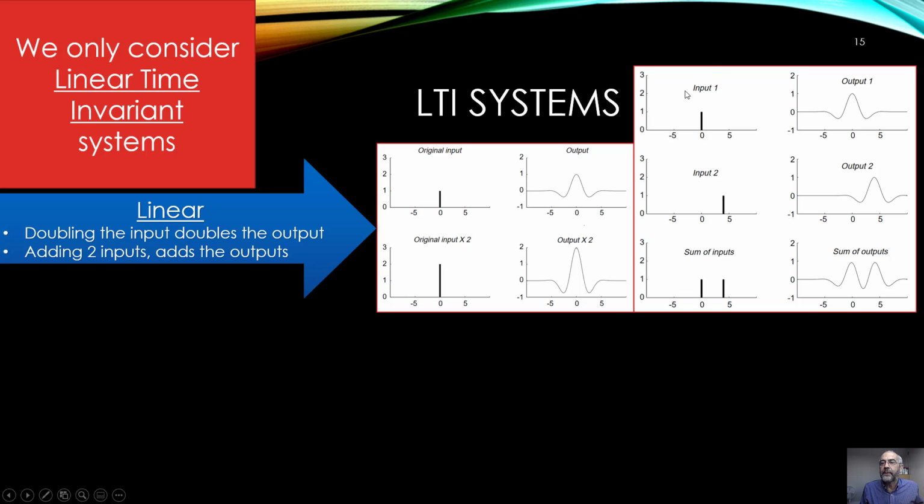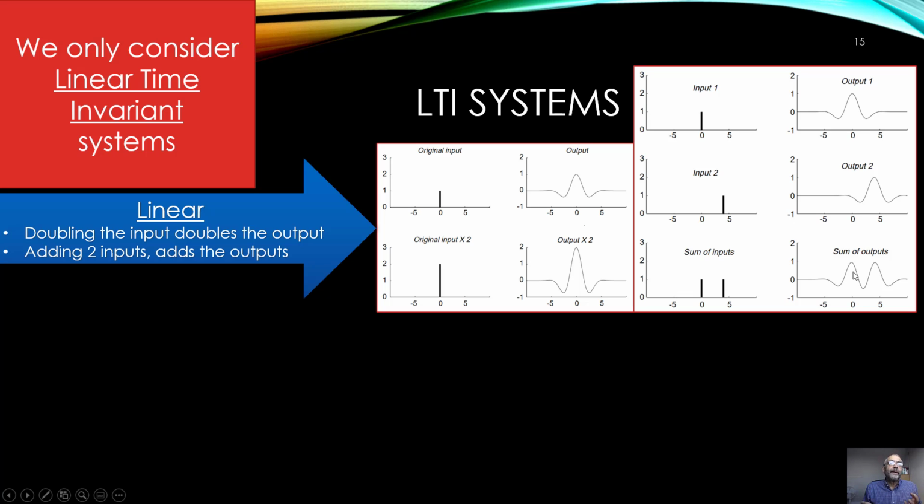For example, here on the right, you have input 1 giving output 1, input 2 giving output 2. Input 1 is simple, it's only a spike at time 0. Input 2 is also a spike, but at time 4, I guess. If you add up these two inputs, then the outputs will also add up.